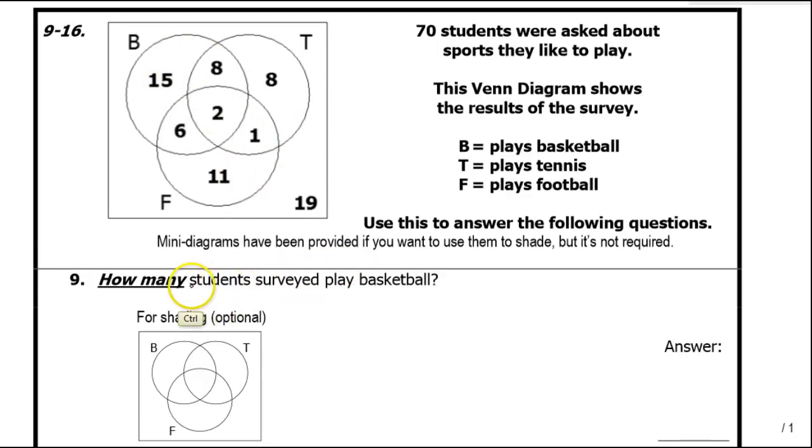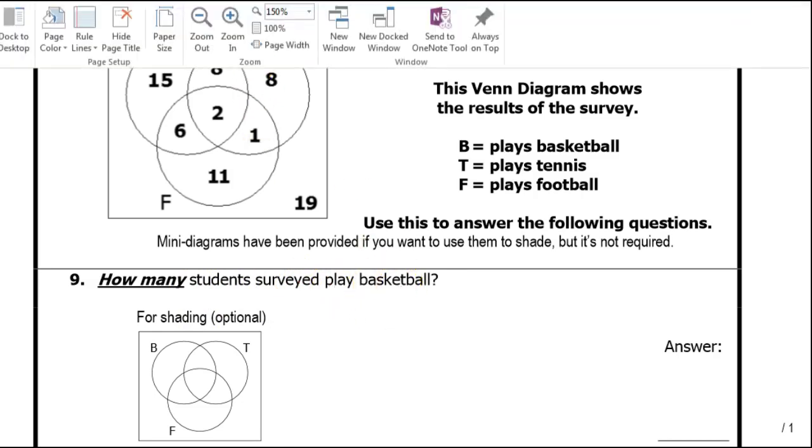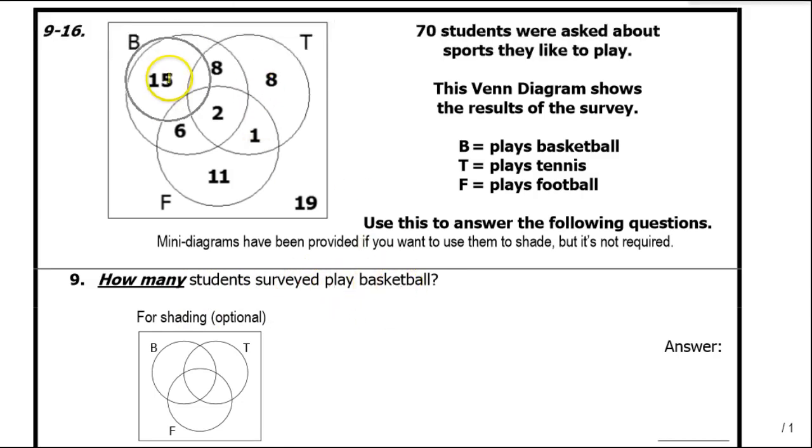So, how many students play basketball? Be careful. A common mistake is to say 15 because that's the number of kids that play only basketball and no other sports. But you must understand that this entire circle represents students who play basketball. This is the basketball circle.